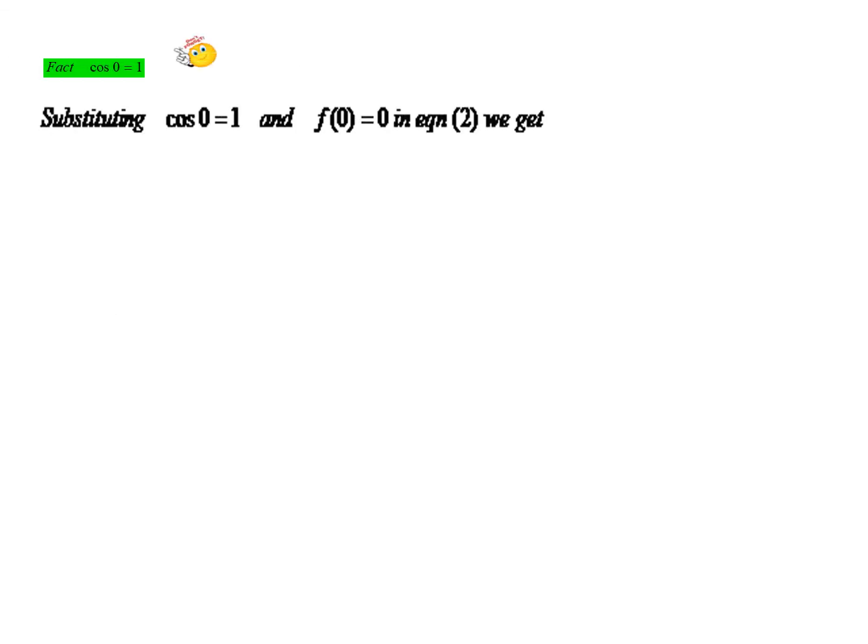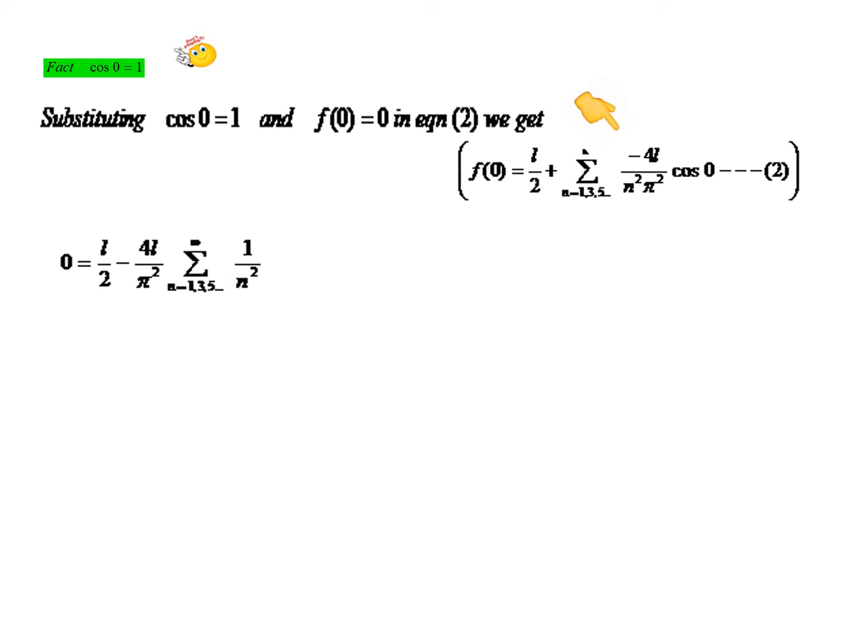Also, we know the fact cos 0 is 1. So substituting these values, cos 0 as 1 and f of 0 equal to 0 in equation 2, we get 0 equal to L by 2 minus 4L by pi squared, which is a constant. So we have taken that out of the summation, into, inside the summation we have cos 0, which is 1, divided by n squared.